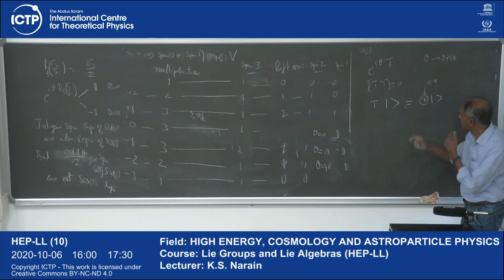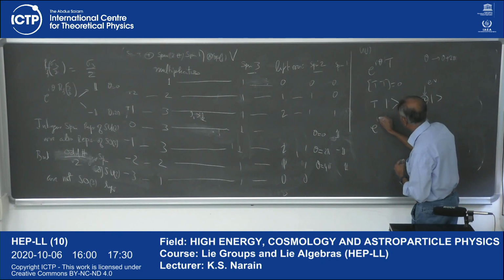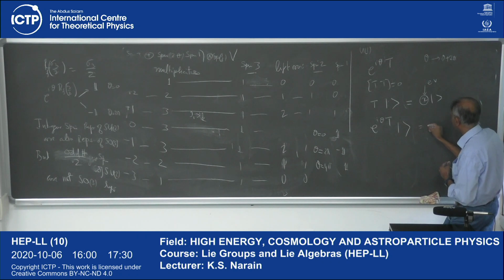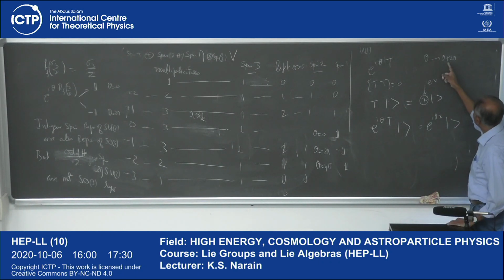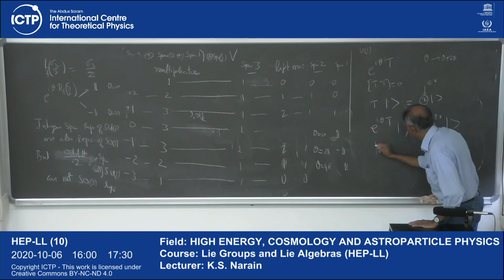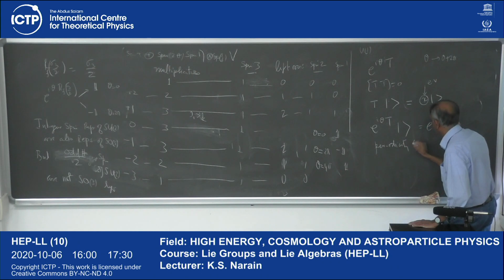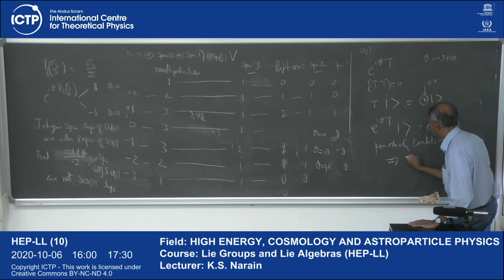So if I consider this action, T on the state should be equal to x times the state. The periodic condition implies that x is an integer.